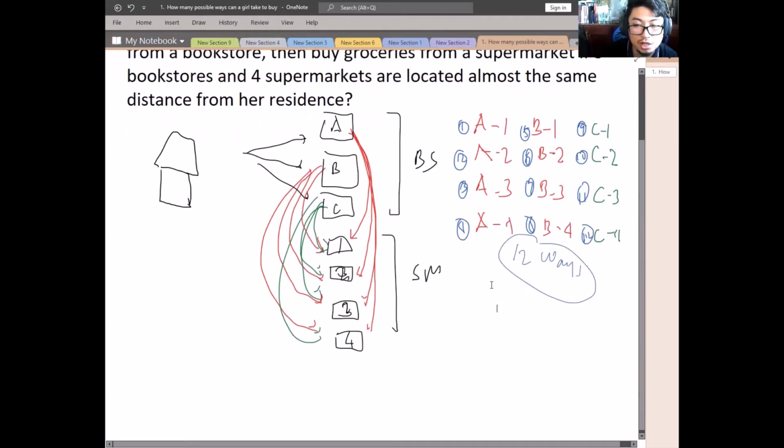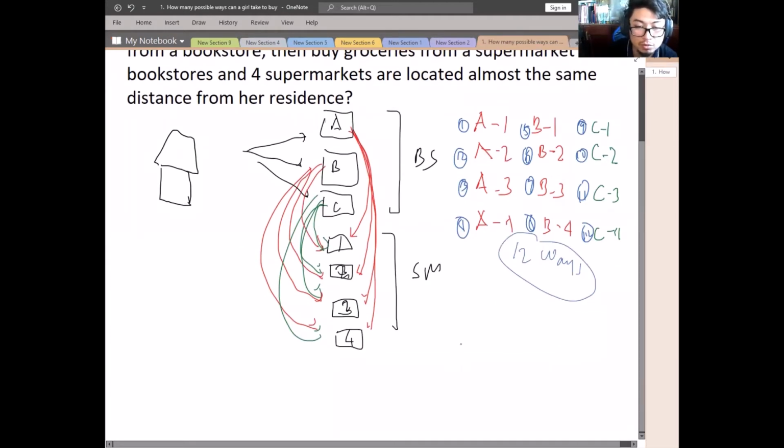Or by using the multiplication method, the number of ways for her first option, which is the bookstore, is 3, and for the supermarket, she has an option of 4. Therefore, she has 12 ways. So this is the answer.